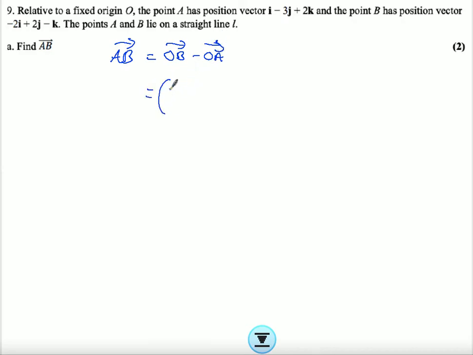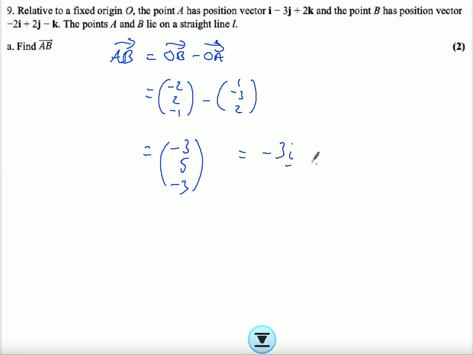I'm going to write it as a column. So that's negative 2 subtract 1 is negative 3, 2 subtract negative 3 is 5, and negative 1 subtract 2 is negative 3, and then I'm just going to convert that into ijk format. Okay, that's not too bad.